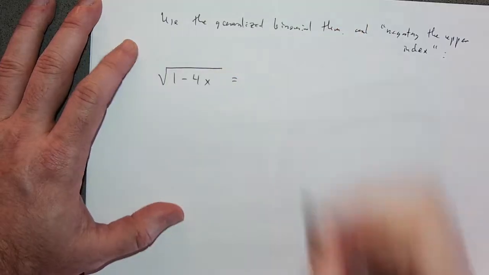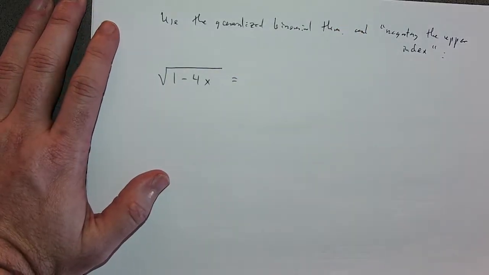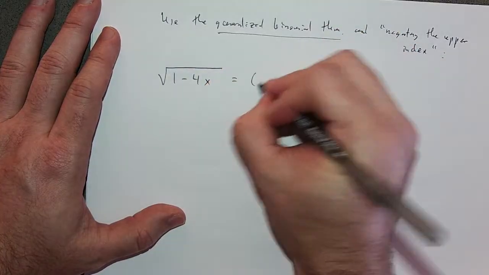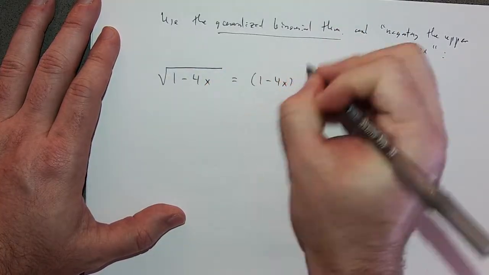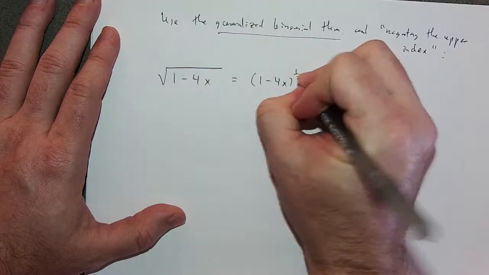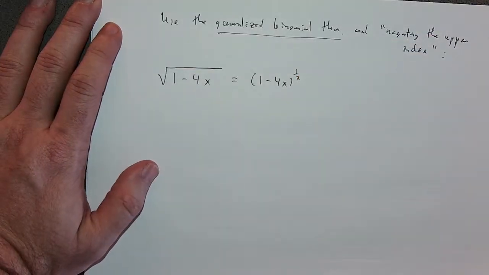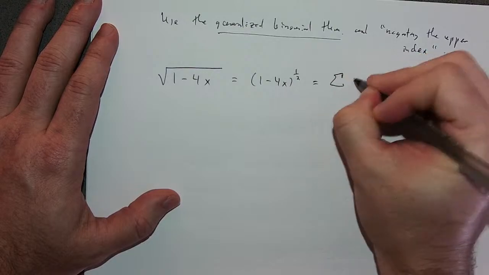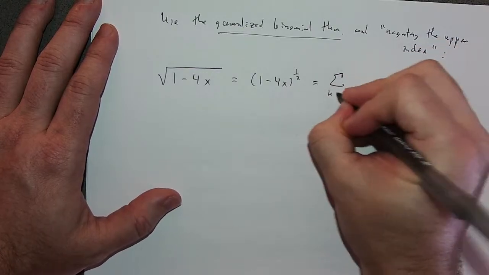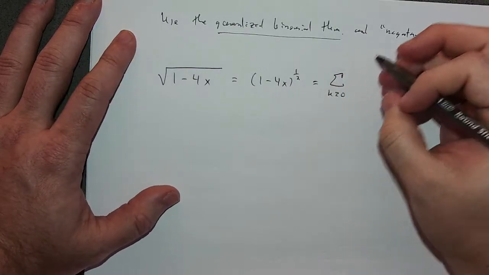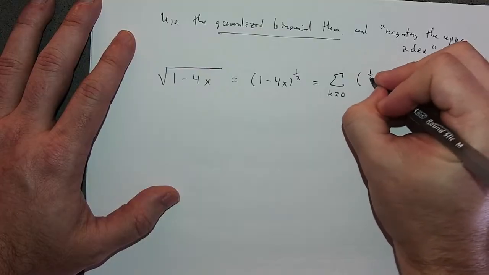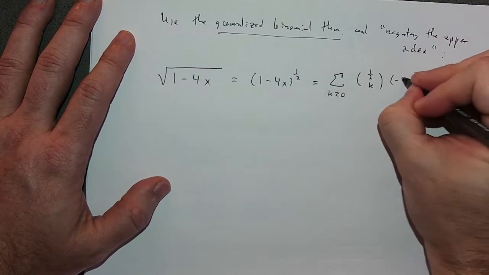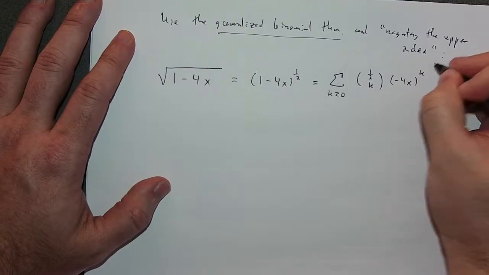If I'm going to write that as a power series, I'm going to, using the generalized binomial theorem, rewrite this as 1 minus 4x to the 1/2, which by our generalized binomial theorem would be the sum over k non-negative of 1/2 choose k times minus 4x to the k.